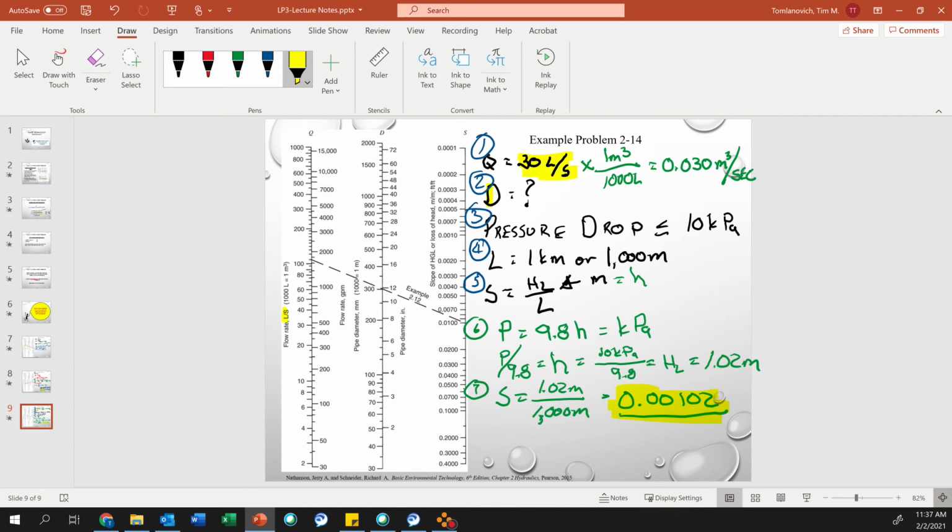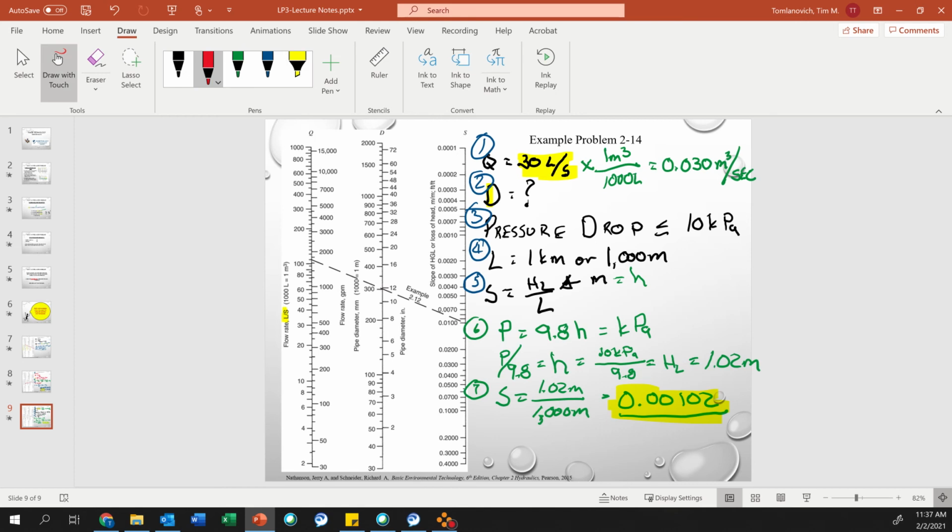And again, the question is asking us what? What minimum pipe diameter is required to carry a flow of 30 liters per second without causing a pressure drop of more than 10 kPa per kilometer of pipeline. Okay, so with that, let's go to our nomograph.